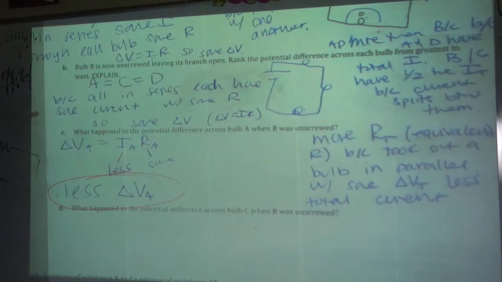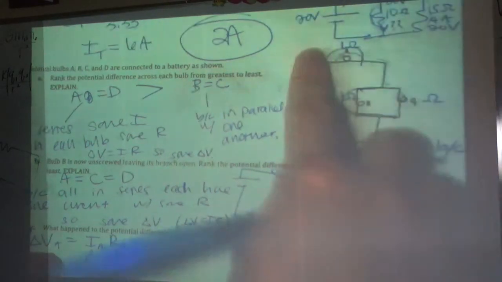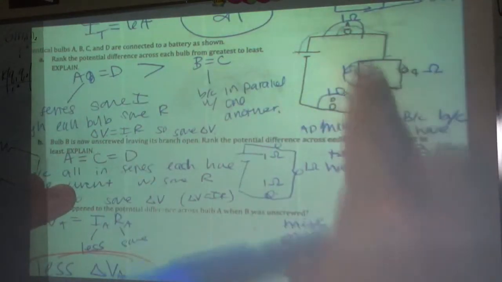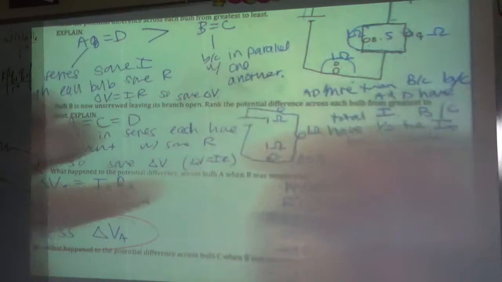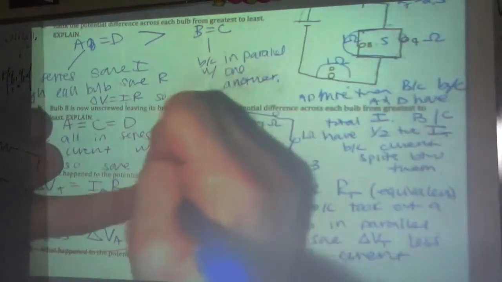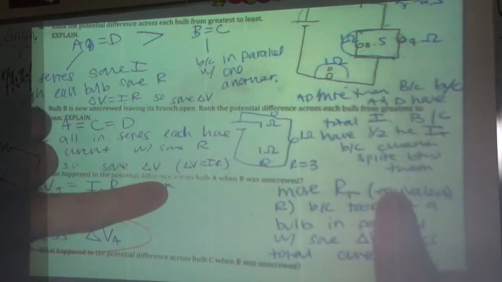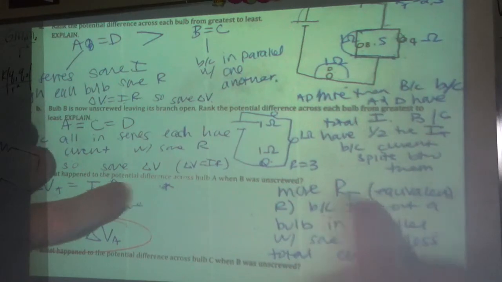If you were unsure, what you could have done is make up resistances. They're all identical, so it doesn't matter what resistance you use as long as it's the same everywhere. So 1 over 1 plus 1 over 1, 1 over that gives you 0.5. So this one has an R total of 2.5. This one has an R total of 3 ohms. You can use numbers like that if you need to explain why there's more R total.